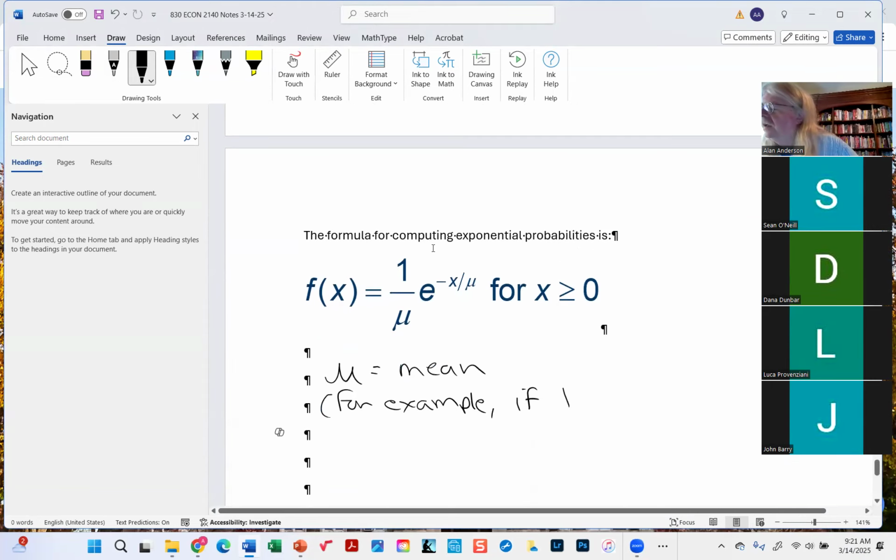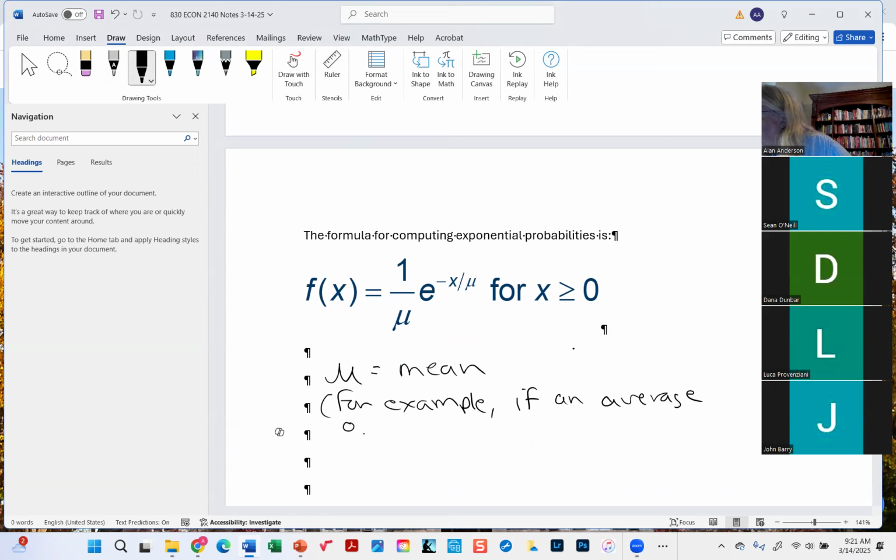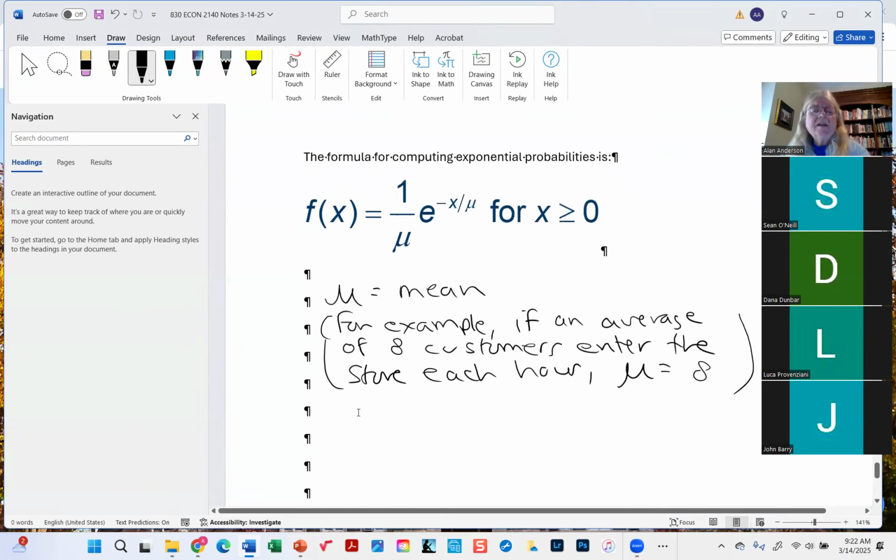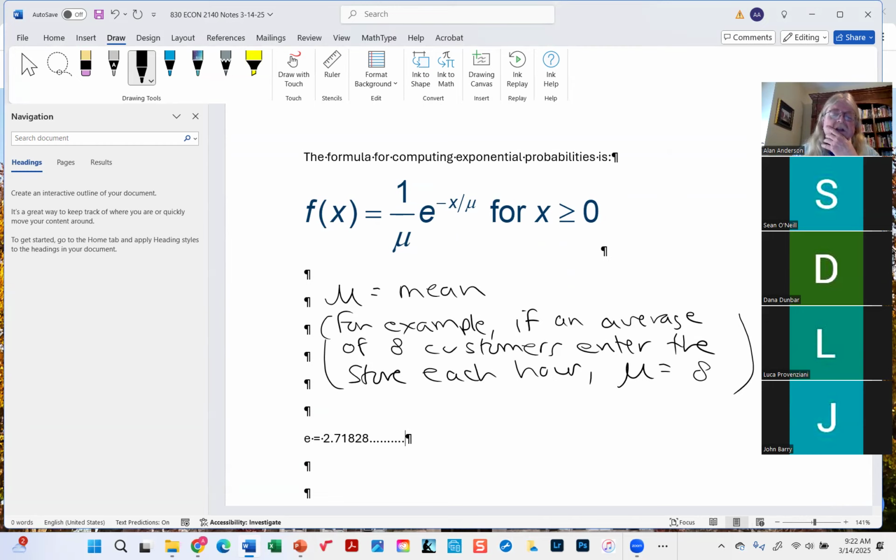If on average eight customers come in per hour, then mu equals eight. It's that simple. Remember, this is exactly how it worked for the Poisson. So you can see the tie-in with the Poisson distribution. And then that just leaves us with E. E is a constant. It's approximately equal to 2.71828.